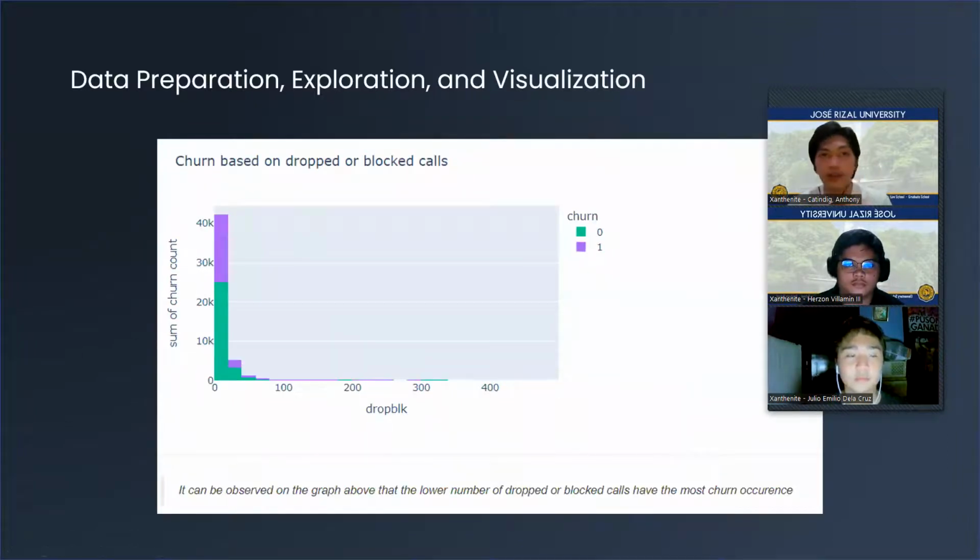For churn based on dropped or blocked calls, violet is for customers that churned and green for customers that did not churn. It can be observed on the graph that the lower numbers of dropped or blocked calls have the most churn occurrences.